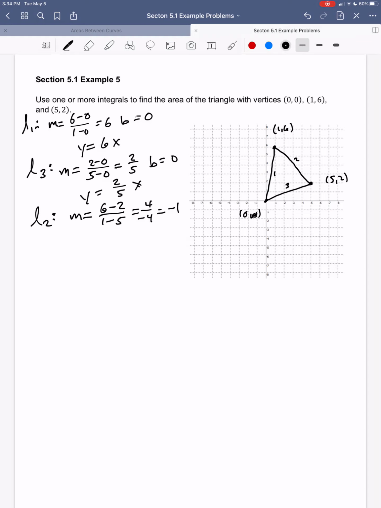And what I get then is y minus y1 equals m times x minus x1. So y minus 6, let's say, is negative 1 times x minus 1. Y minus 6 equals negative x plus 1. So y equals negative x plus 7.